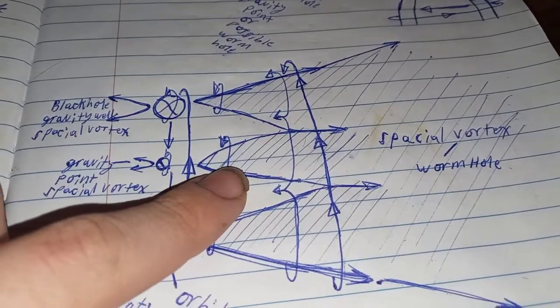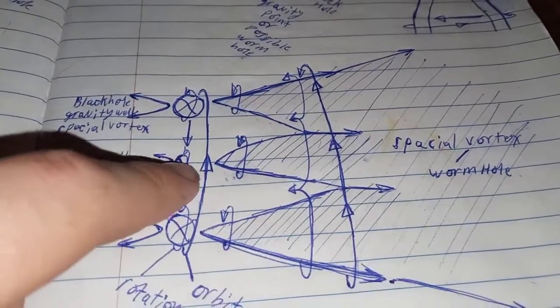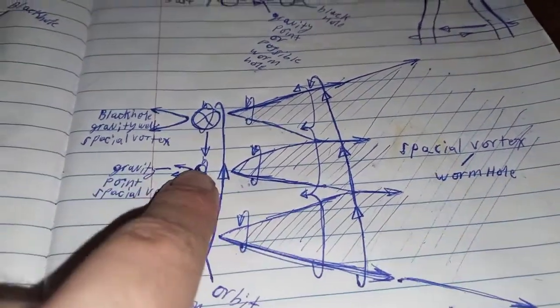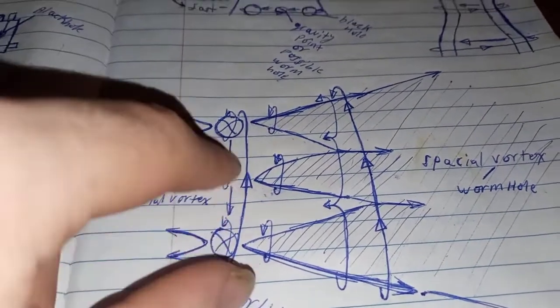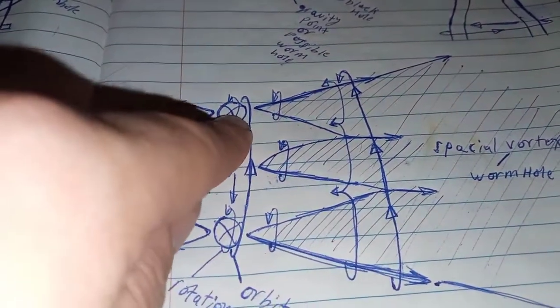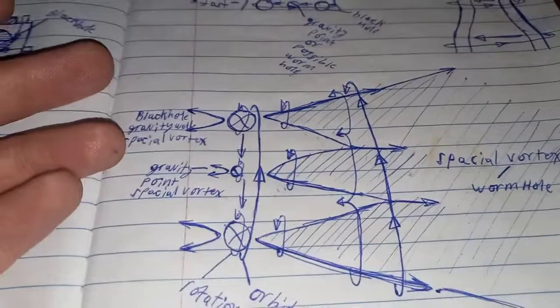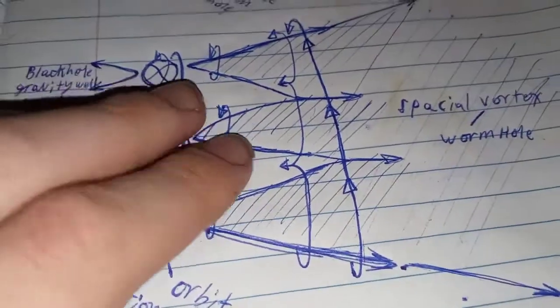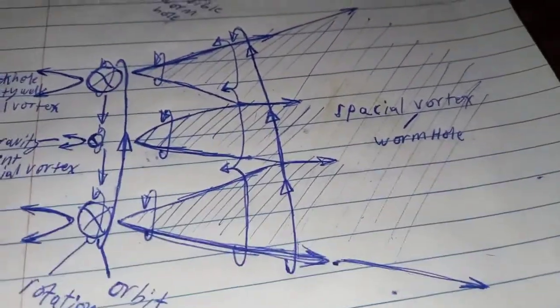And you have to go into the center of the gravitational point, not the black holes themselves, because you can't technically escape from a black hole, not unless it becomes a wormhole.